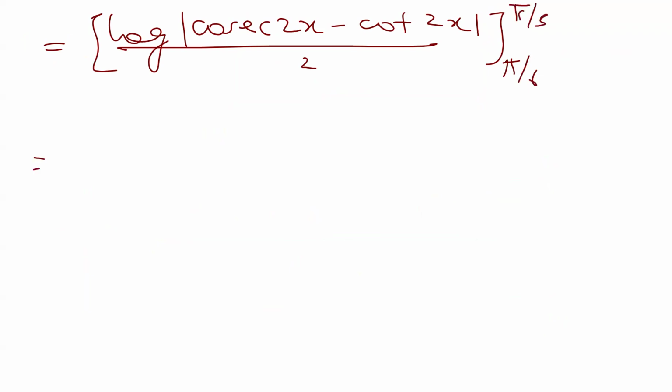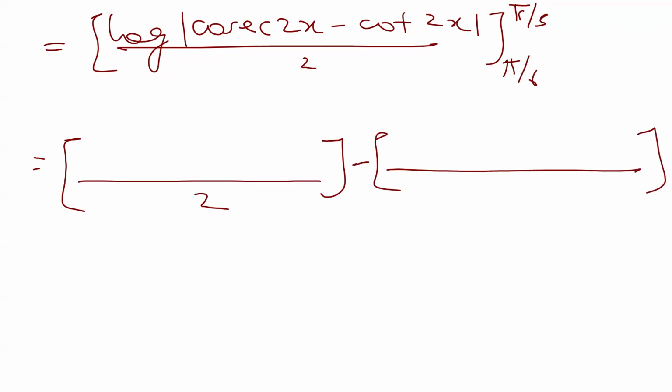Now once the simplification is done within the box bracket, we are going to do box minus box. So this is 2 and this is 2. This 2 will remain the same. In the first box, we are going to write this function of x, but then this x will get replaced with the upper limit.